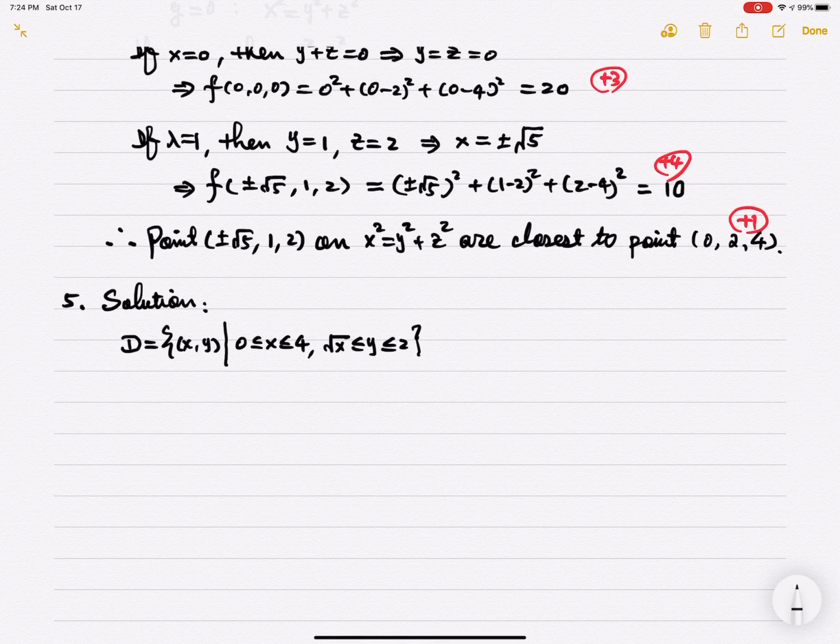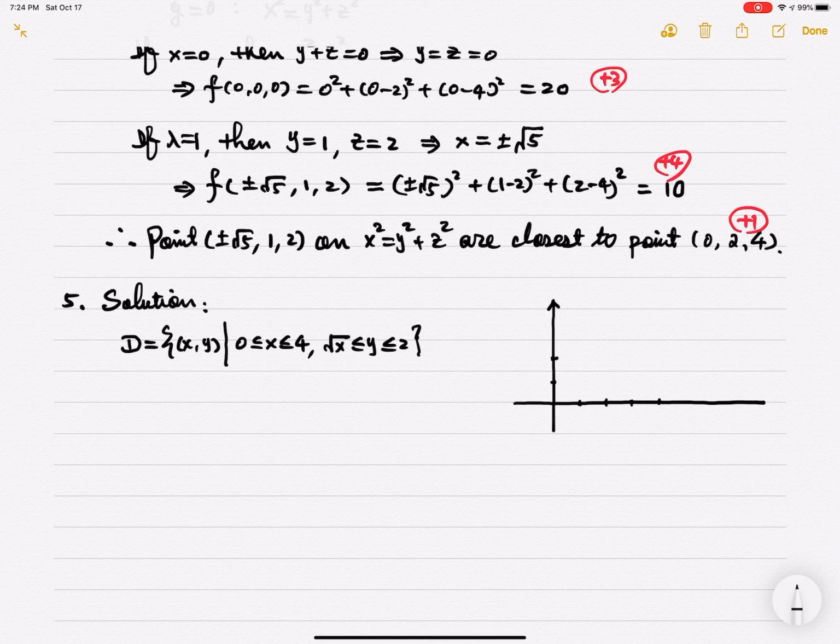Now here, once you write this, we should be able to draw the graph. So here, let's draw the graph. You say x changes from 0 to 4, so here is 1, 2, 3, 4. y changes from root x to 2, so suppose this is 1, 2.